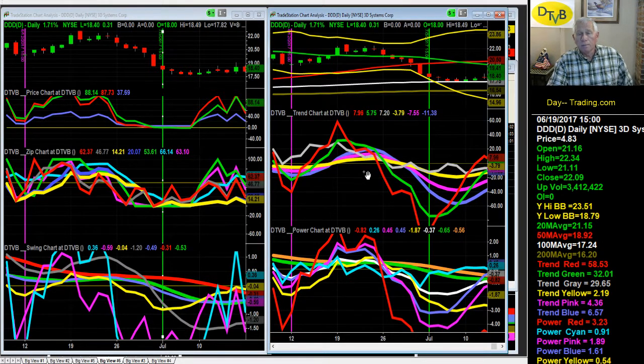But remember, the trio does not define the pullbacks and the rallies. They occasionally will define the cycle tops and the cycle bottoms, but only with very strong movement. There's usually a delay.